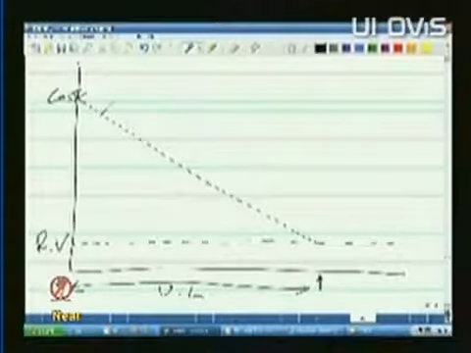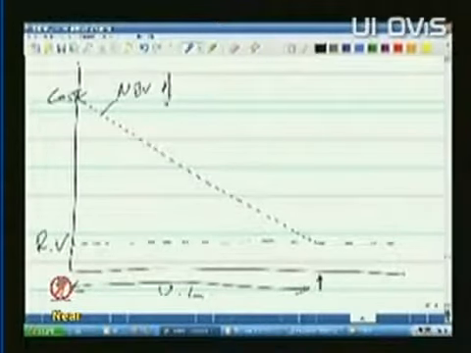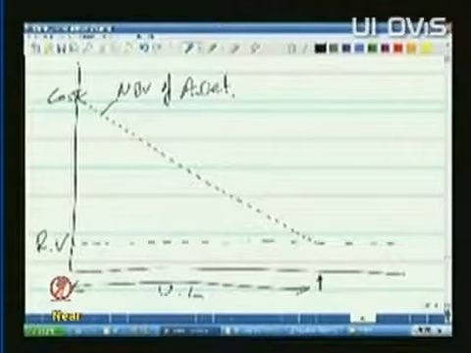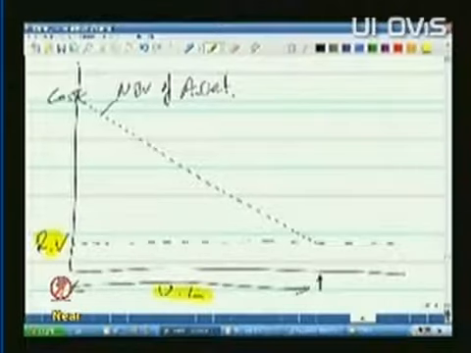So this is going to be the net book value of the asset. That line would be the net book value of the asset from cost down to residual value over the useful life. Now what we're saying is that at each year end we have to reassess the residual value and also the useful life of the asset.